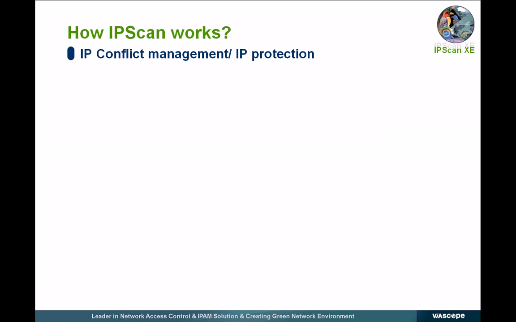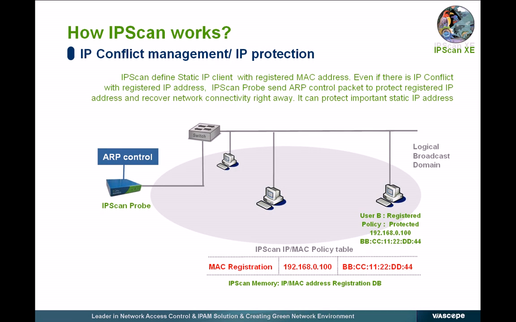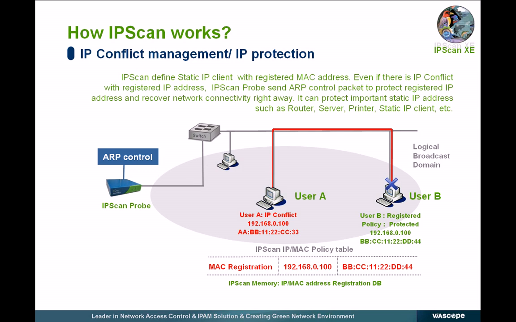Now, let me talk about the strongest IP conflict detection and protection policy that IPscan features. IPscan checks if the user performs the policy based on the information of all users in the monitoring range. Let's assume that we have user A and user B as in this figure. User B is one who is protected by the IPscan policies. If user A and user B try to access the same network using the same IP, an IP conflict occurs inevitably.